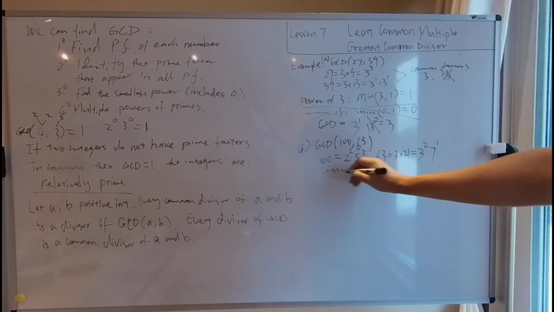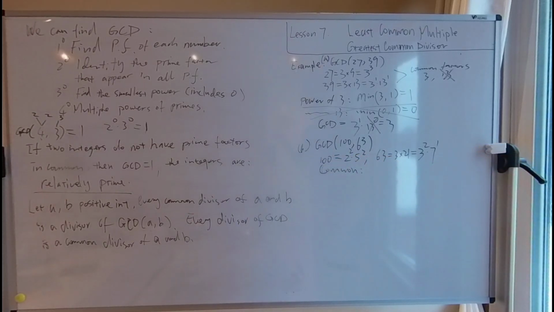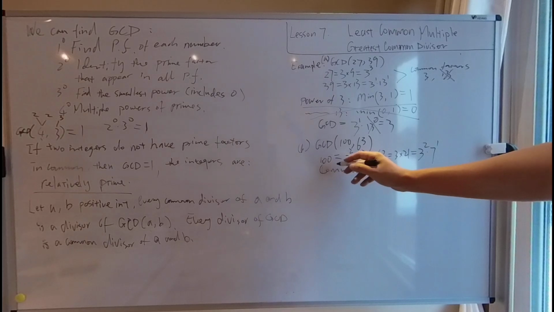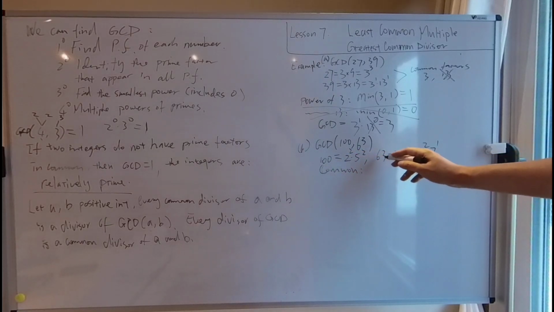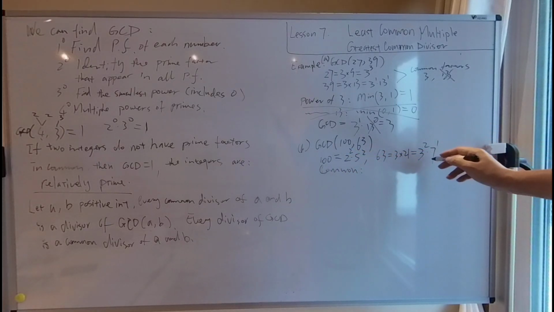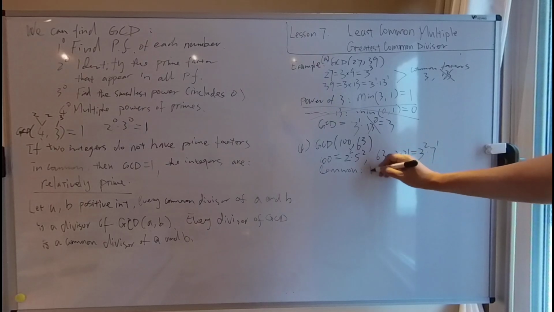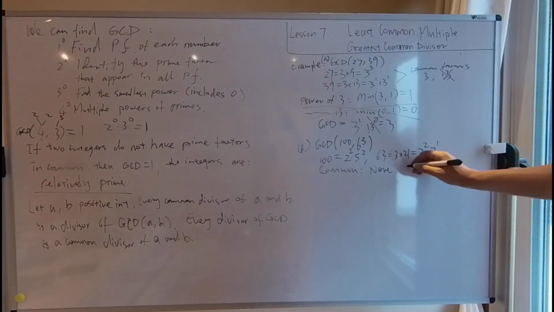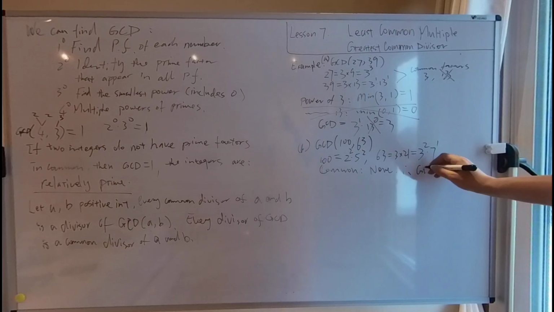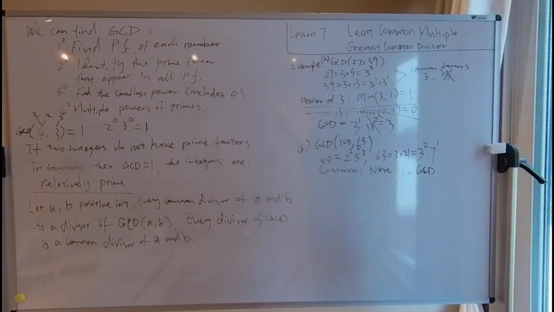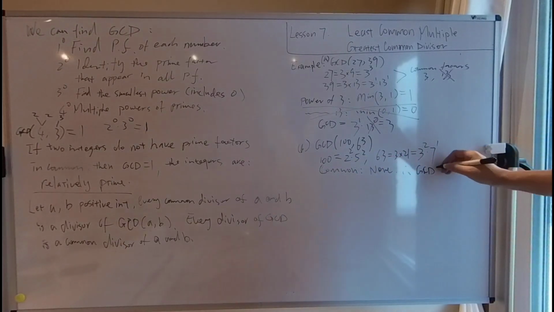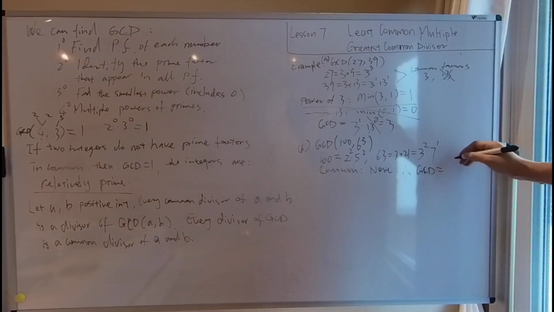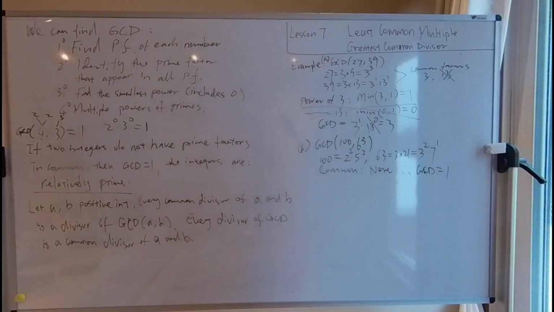And then let's compare the factors from the two numbers. 100 has factors of 2 and 5. 63 has factors of 3 and 7. Nothing in common. So there's no common factor, such that these two numbers are relatively prime. And the GCD is anything with a zeroth power, so the GCD is 1.